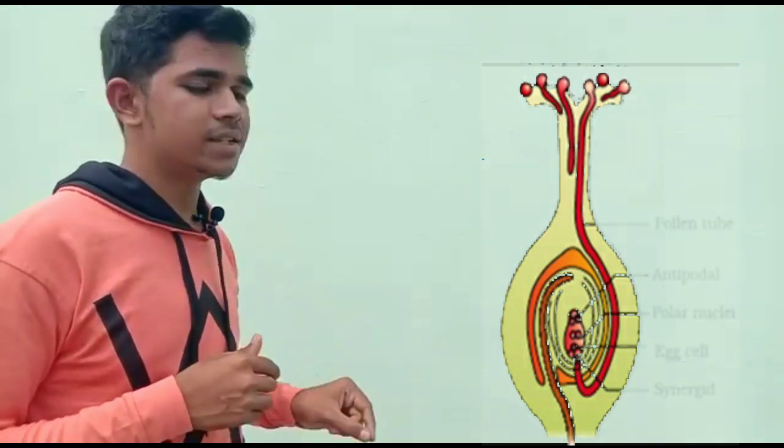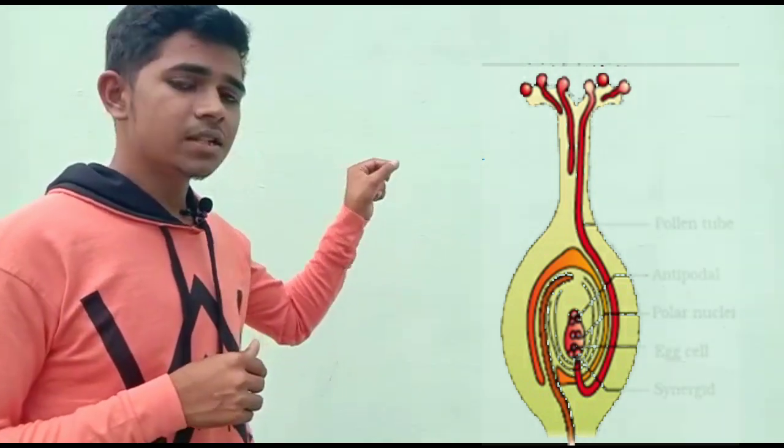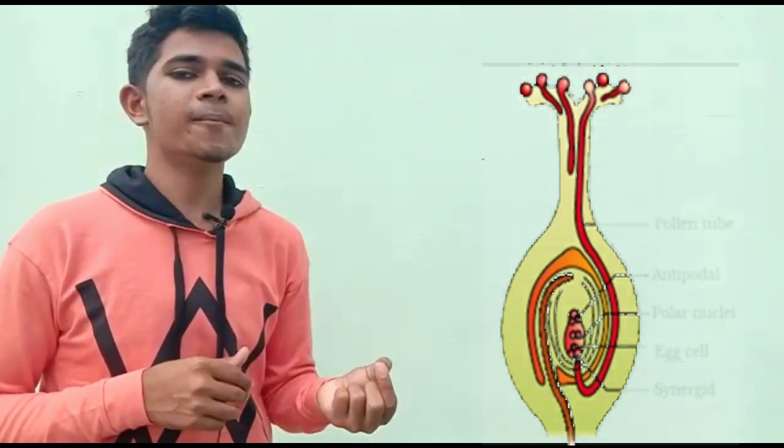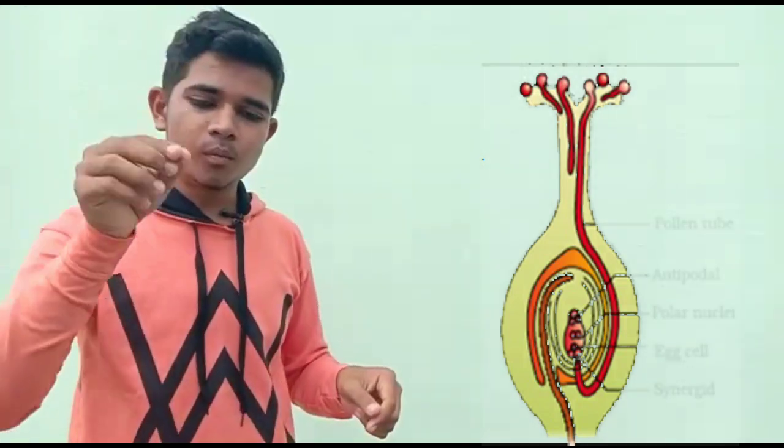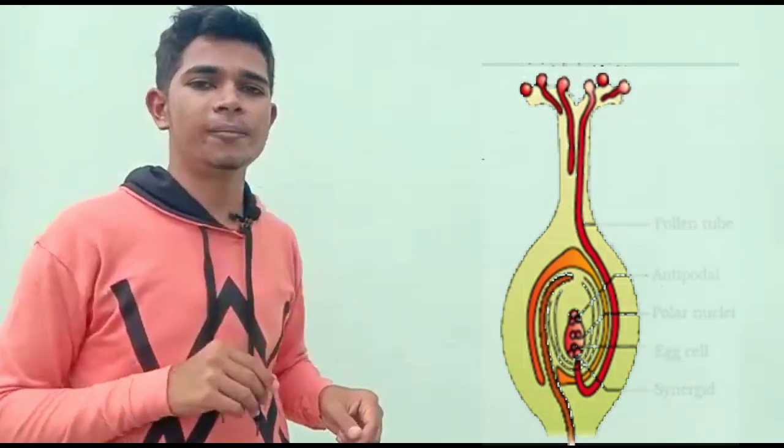By this germination the pollen tube is generated in the pistil. It moves towards the ovary.